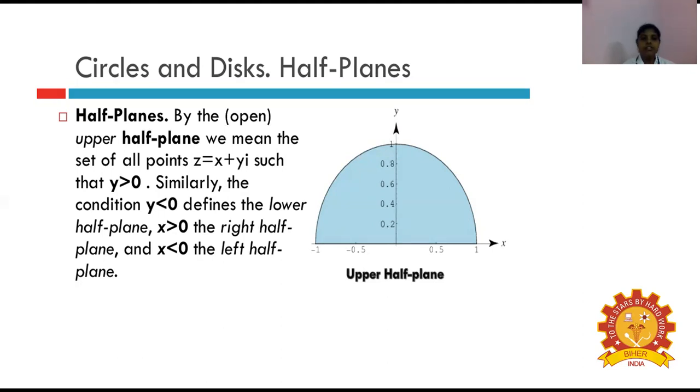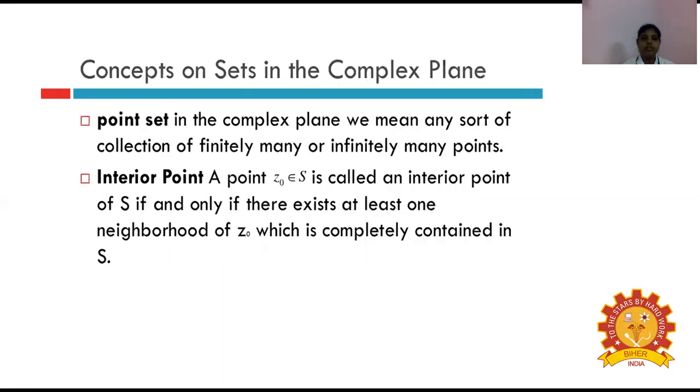X greater than 0 means right half plane. X less than 0 means left half plane. Point set. Point set in the complex plane means any sort of collection of finitely many or infinitely many points.